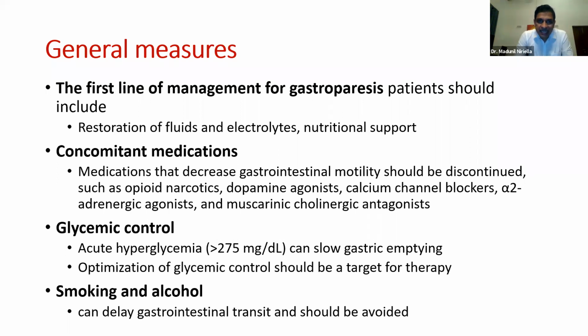Concomitant medications that decrease gastrointestinal motility should be discontinued, such as opioids, dopamine agonists, calcium channel blockers, alpha-2 adrenergic agonists, and muscarinic cholinergic antagonists. Glycemic control is important because acute hyperglycemia can slow gastric emptying, and optimization of glycemic control, especially in diabetes, should be a target of therapy. Smoking and alcohol can delay gastric emptying, so they should be avoided. Abstinence is important.